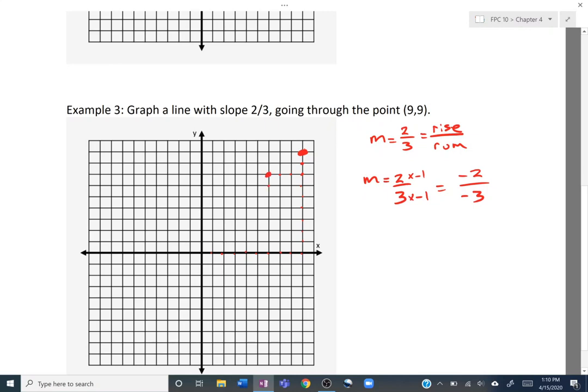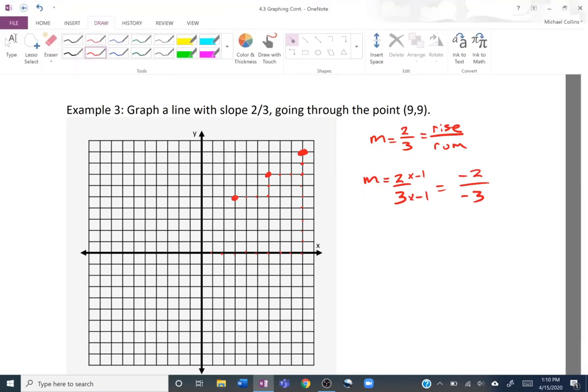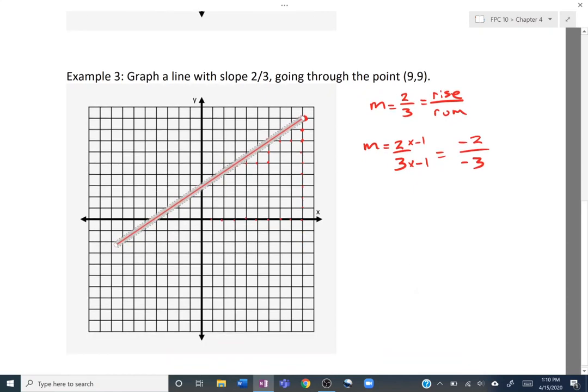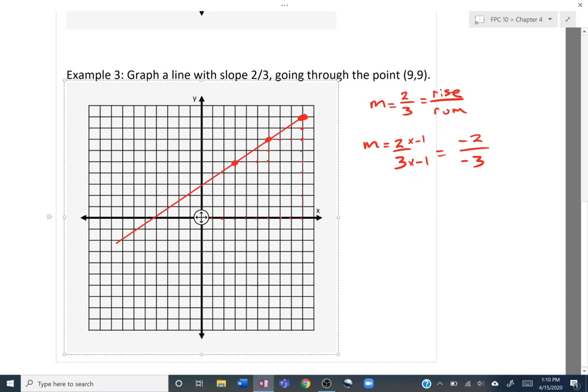I can do that again. Down 1, 2, left 1, 2, 3. I get my 3 points. I pull out my ruler, connect all 3 points, and then I can just keep going. There we go. There is the line that goes through the point 9, 9 and has a slope of 2/3.